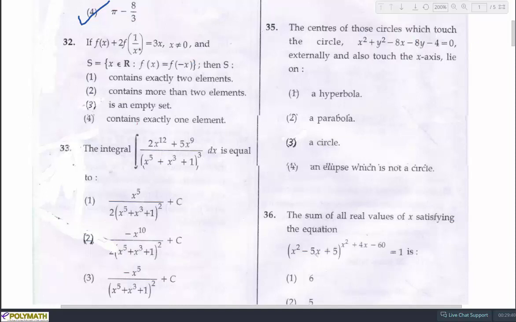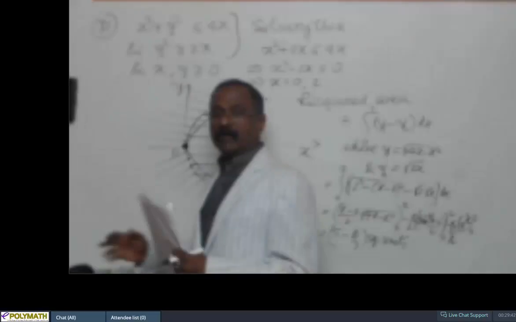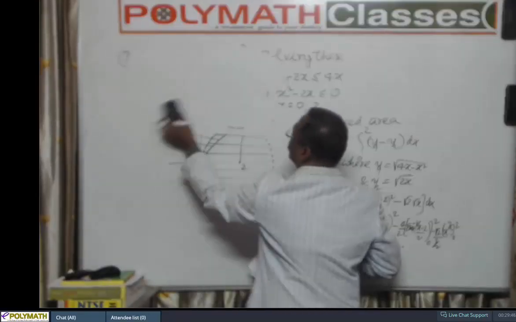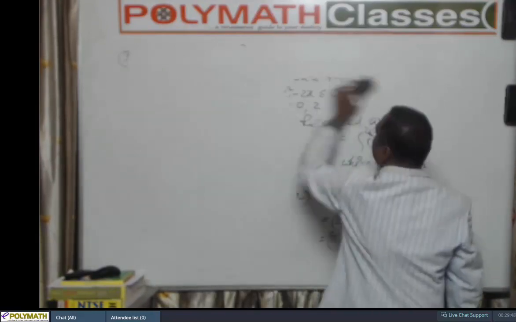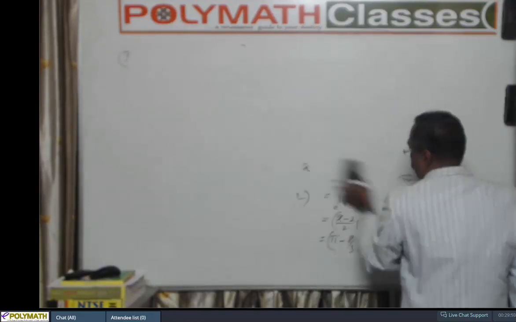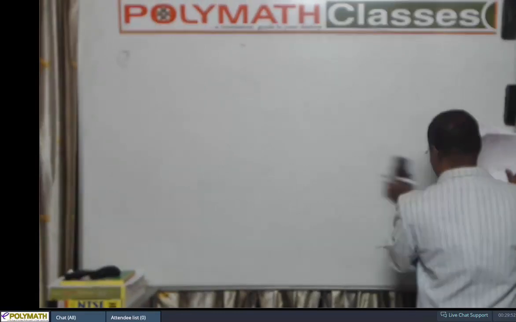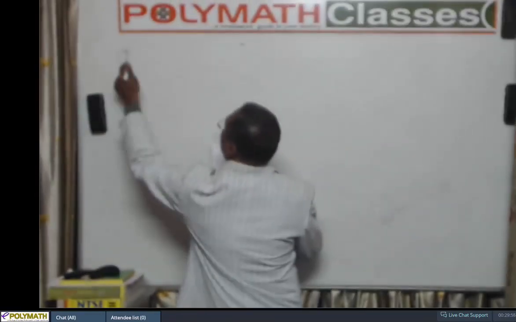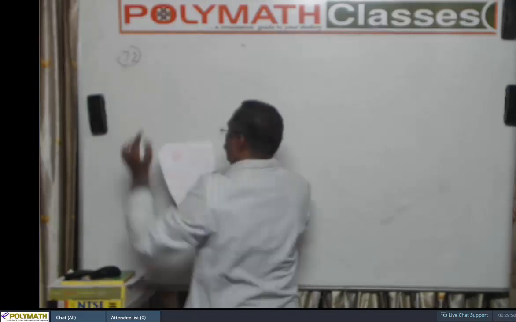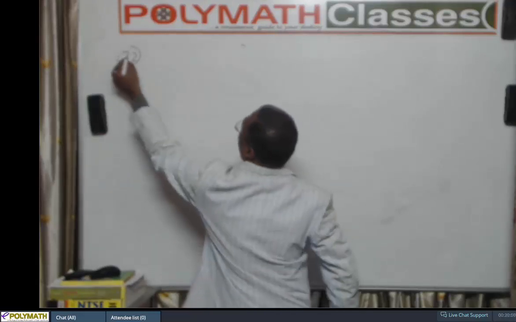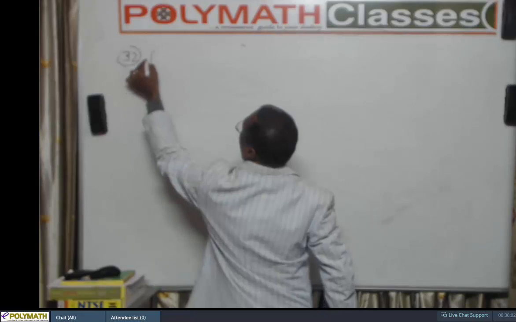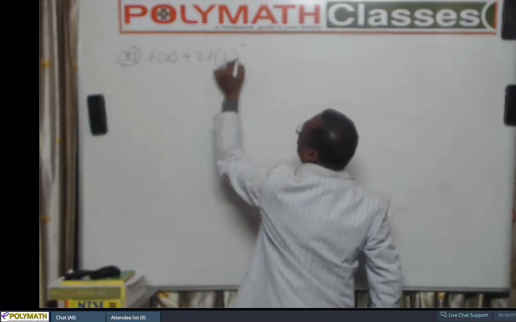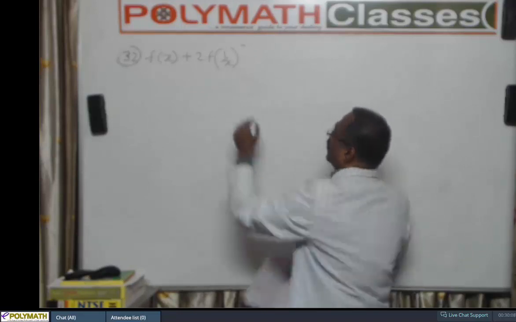Now this expression is given to me here. This is problem number 32. Let us see, f of x plus twice f of 1 by x is 3x.